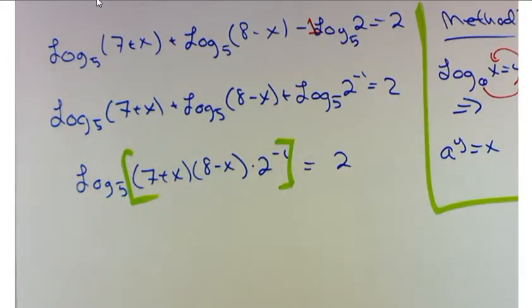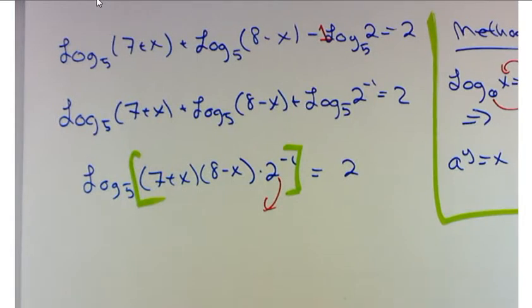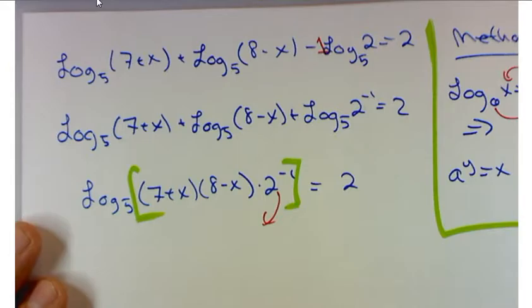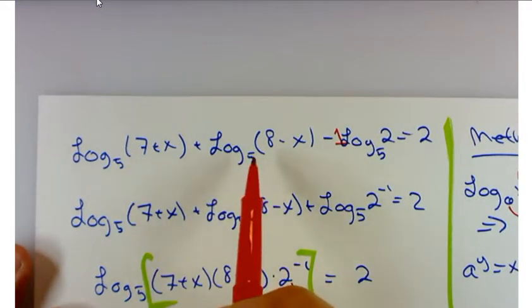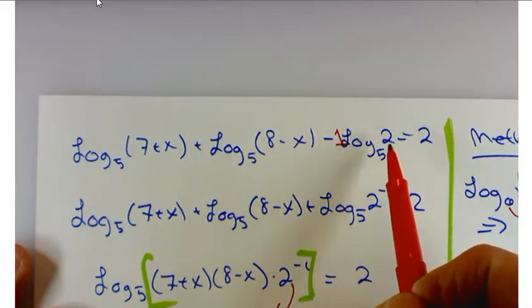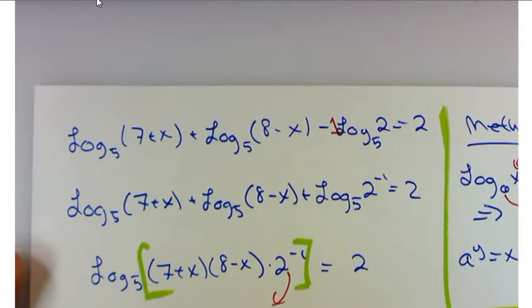And because this has a negative exponent, I can move that into the denominator. So I'm getting the same place you would if you use the quotient rule. So another possibility is you use the product rule here, and then use the quotient rule after. You're going to get to the exact same place. It's just a matter of style and preference, and it's up to you. I'm not going to try and micromanage you.